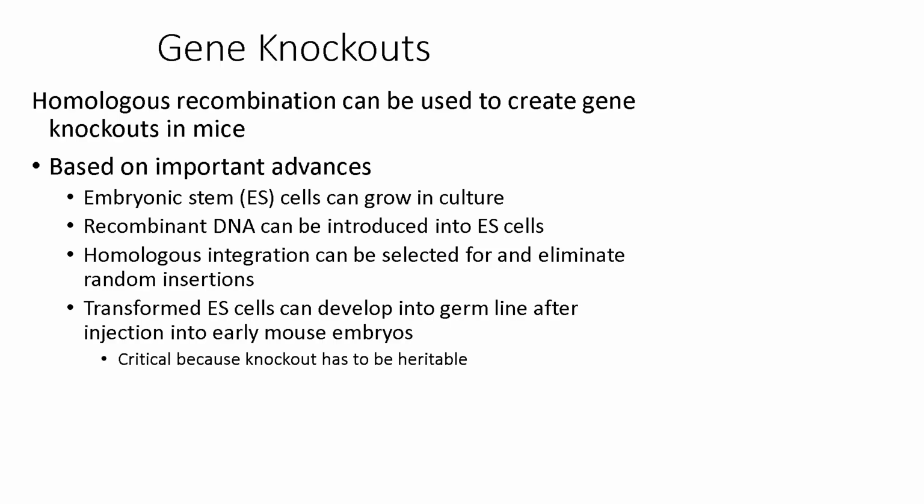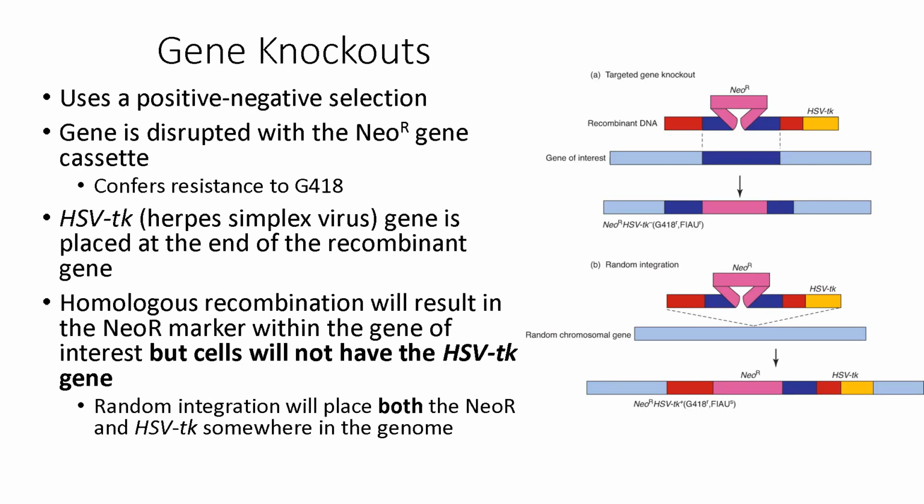DNA constructs designed with regions homologous to the target gene can integrate precisely at that locus through homologous recombination. Successful knockout cells can be selected and propagated, ultimately giving rise to offspring in which the gene of interest is inactivated throughout the organism.